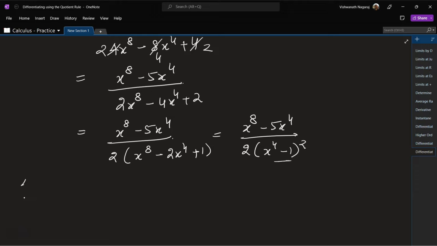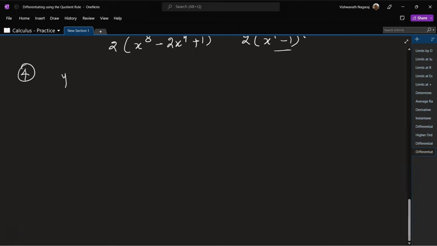Okay, anyhow, fourth one. Y is equal to 3 by x cubed plus 2.